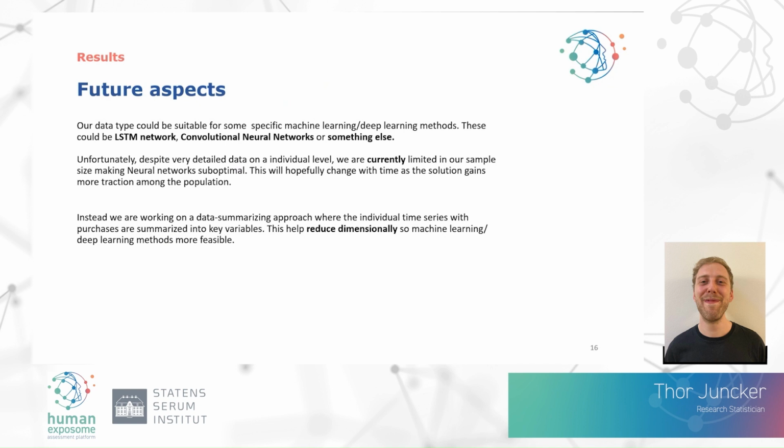We are not experts in this field, so if anyone has suggestions of what could be done, that would be very useful. The unfortunate part is, despite having this very detailed data on an individual or household level, we are currently limited in our sample size, which makes neural networks suboptimal. This will hopefully change with time as the solution gains more popularity among the population.